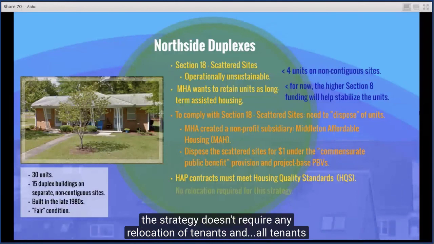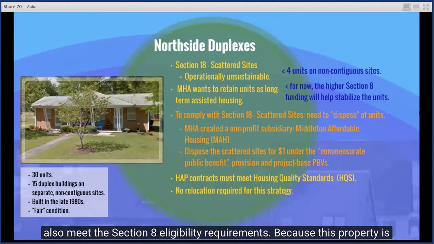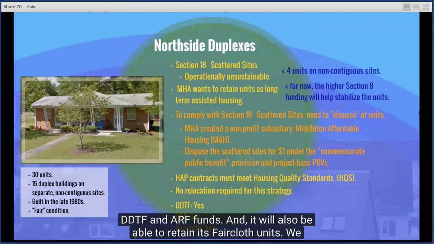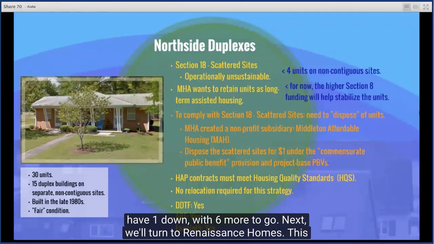And moreover, this strategy doesn't require any relocation of tenants, and all tenants also meet the Section 8 eligibility requirements. Because this property is being removed through Section 18, it will also receive both DDTF and ARF funds, and it will also be able to retain its Faircloth units. We have one down with 6 more to go.